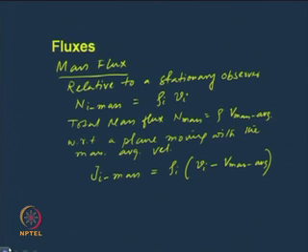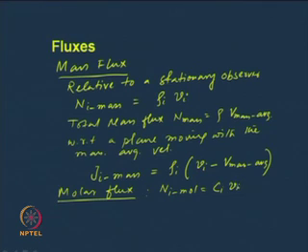Similarly, the molar flux we can define with respect to a fixed plane, and that we can write N I mole is equal to C I V I, and the total molar flux N mole is C into V mole average.